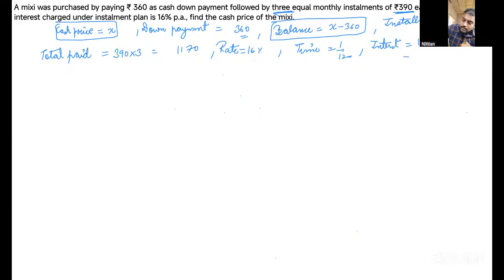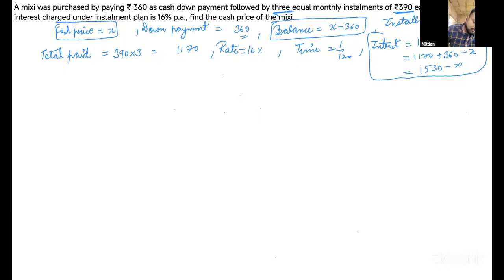So 1170 minus, this will multiply with 4 plus 360 minus x, from 1530 minus x. This is the interest. Did you understand how we find it out?